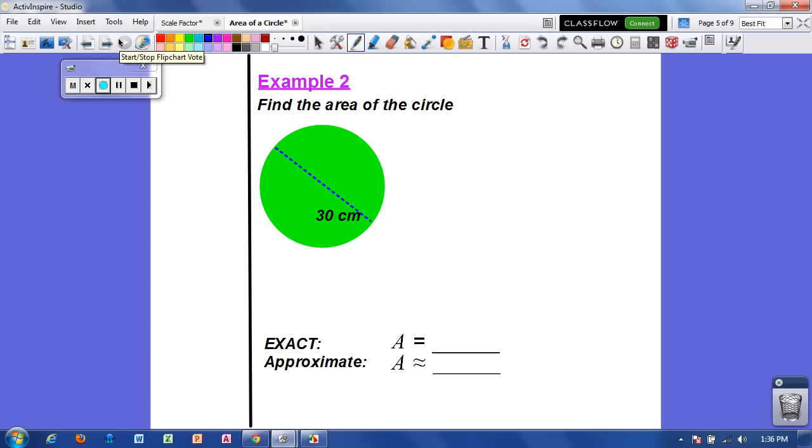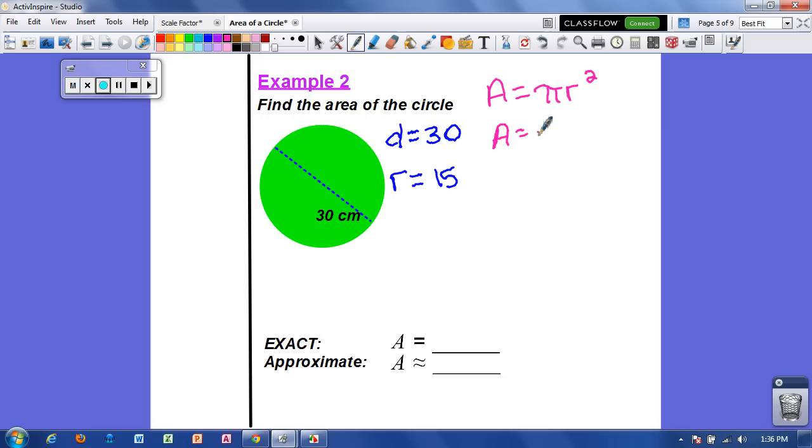All right, example 2, we want to find the area of this circle. Now, we are given the diameter. Our diameter equals 30. Remember, the radius is half of the diameter. Half of 30 is 15, so my radius is 15. Now I'm going to take what I know and plug it into the area formula. So area equals pi r squared.